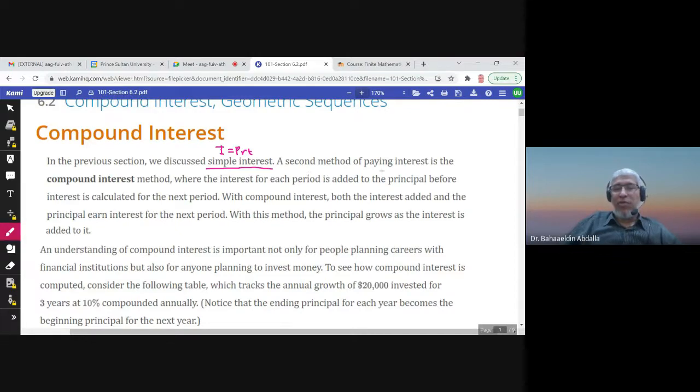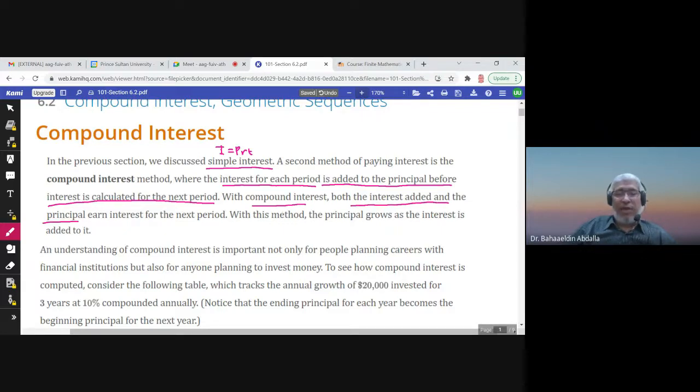A second method of paying interest is the compound interest method, where the interest for each period is added to the principal before interest is calculated for the next period. So with compound interest, both the interest added and the principal earn interest for the next period.